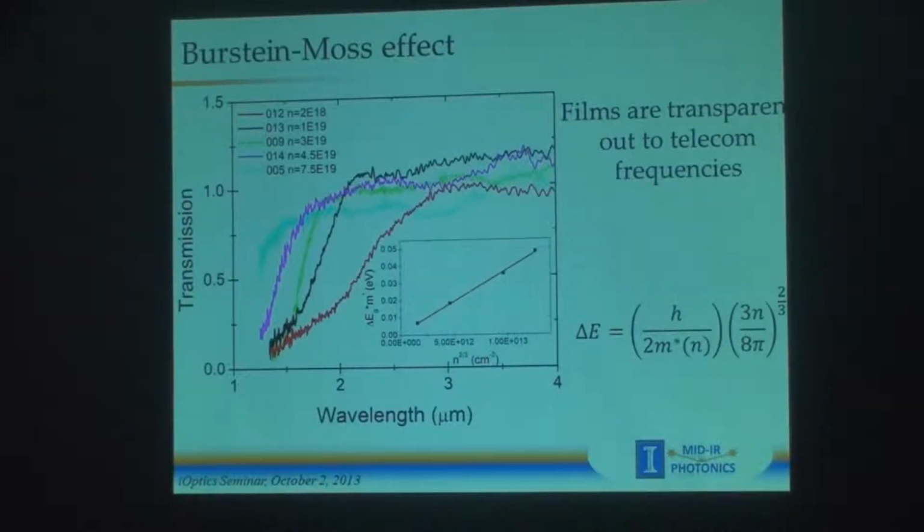And what that means is that you can't actually absorb light from the valence band to the conduction band if all those states are full. And what that means is that effectively our material becomes transparent out to telecom wavelengths. So that's a significant increase in the usable frequency range for this material system, because essentially, you're doubling the band gap of your material.